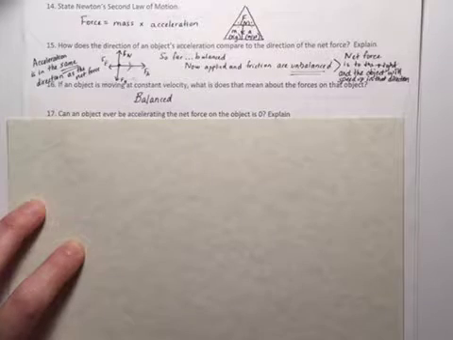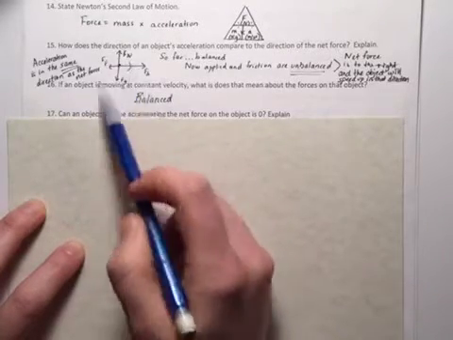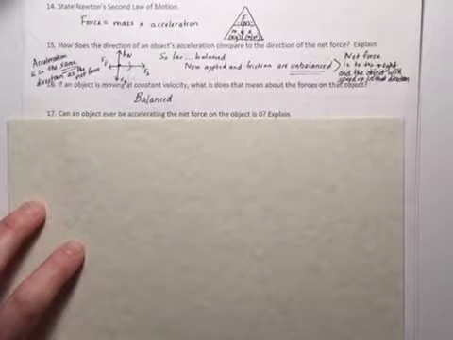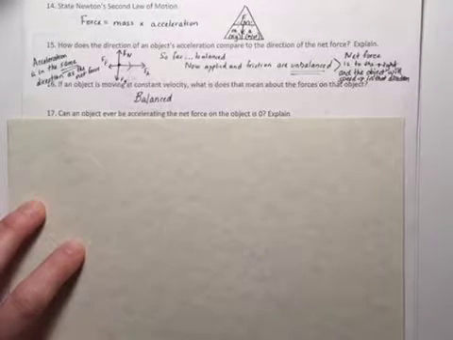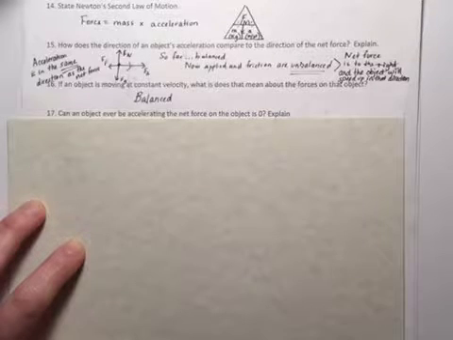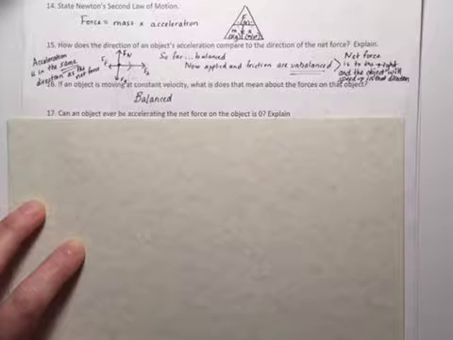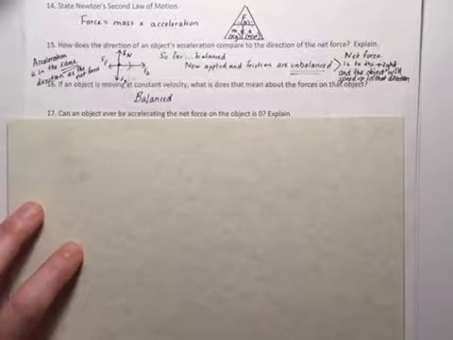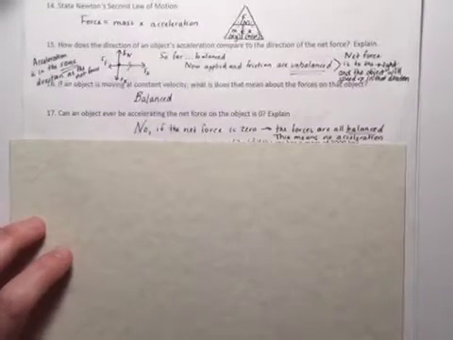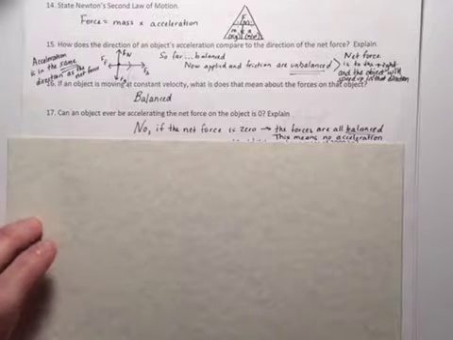Okay. Net force is 0. There's no force that's greater than the others. And so that means that the object cannot be speeding. Well, I take that back. It can be moving. It cannot be speeding up. It cannot be slowing down, and it can't be changing direction. So in other words, no, it cannot be accelerating.